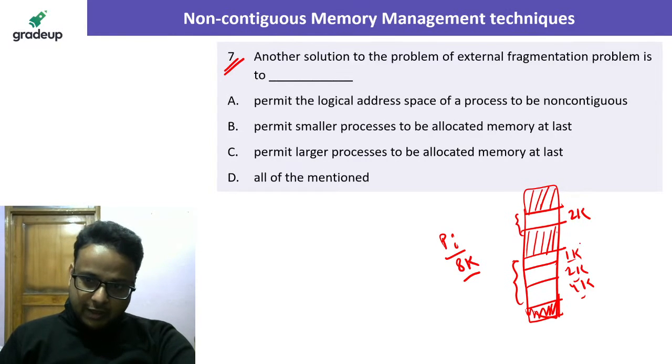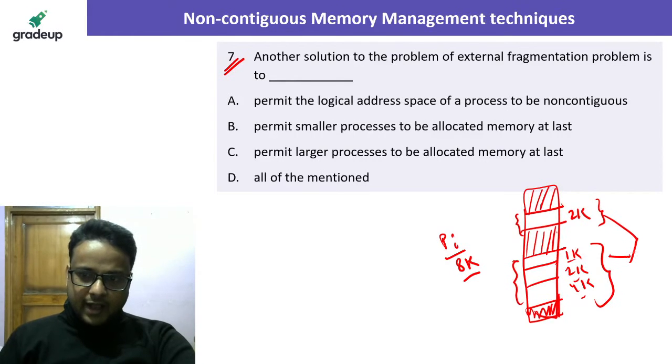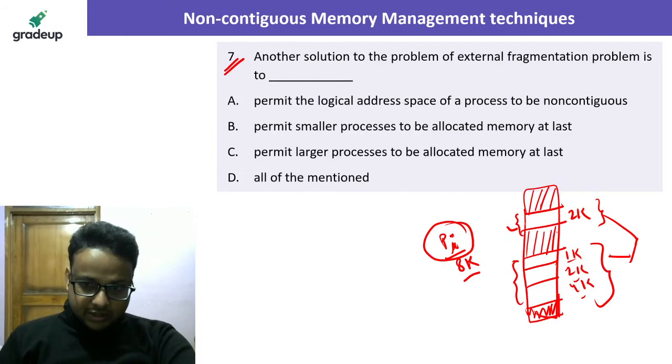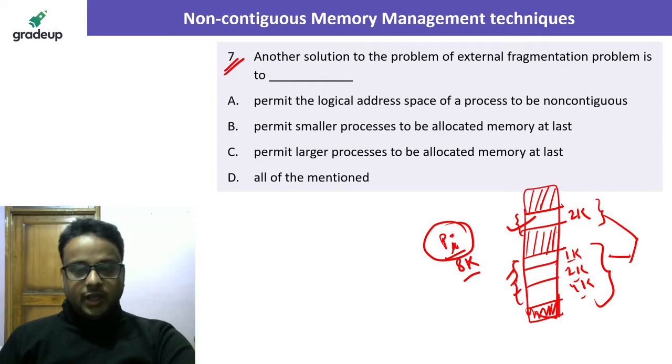But now यदि मैं इसको और इस वाले को कंबाइन कर लूं, so I can have definitely more than 8k. So I can satisfy this request Pi, but I am not able to satisfy because this free available area is not contiguous. If it is contiguous, then we would have filled this process Pi in the free area.